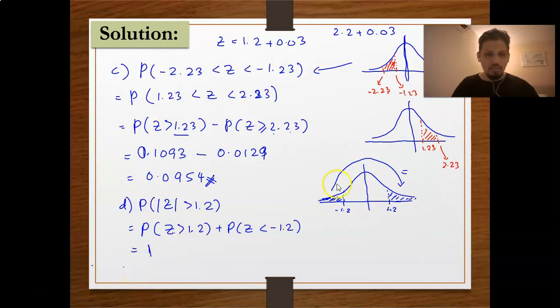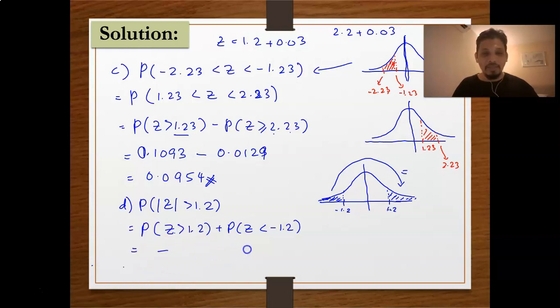If I use 1 minus 2 times the probability of Z greater than 1.2, I'm finding this area, but this is not the area that we're looking for. So it means I made a mistake here.